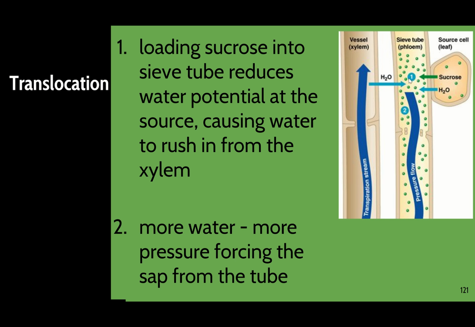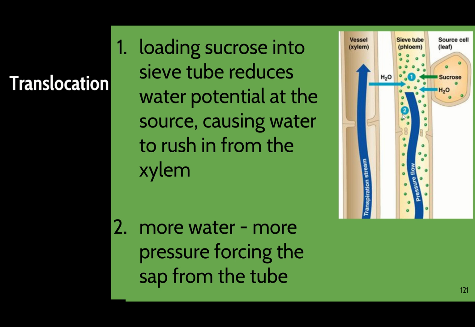This decrease in the water potential is going to cause water to rush from the xylem vessel into the sieve tube element.